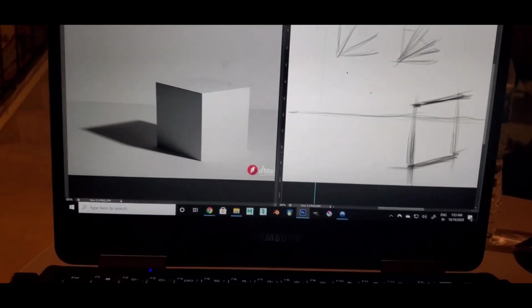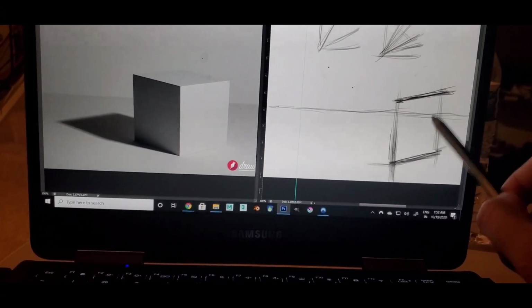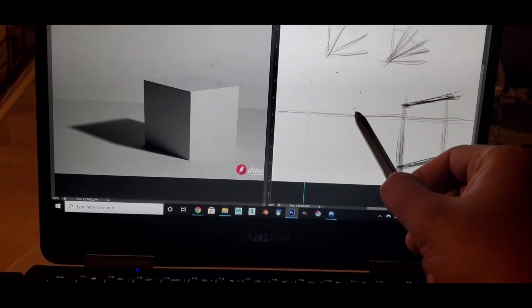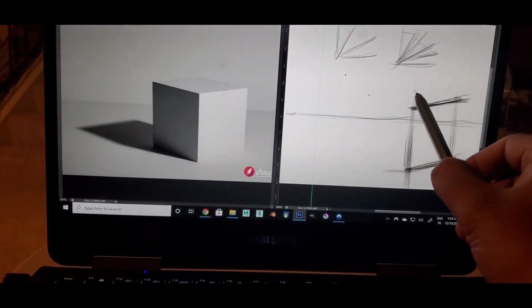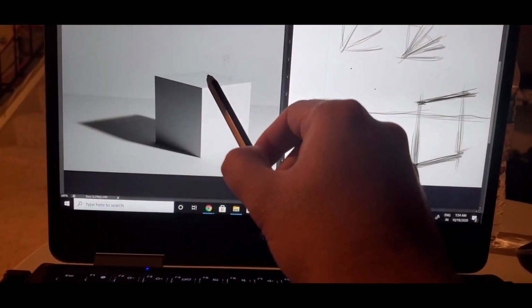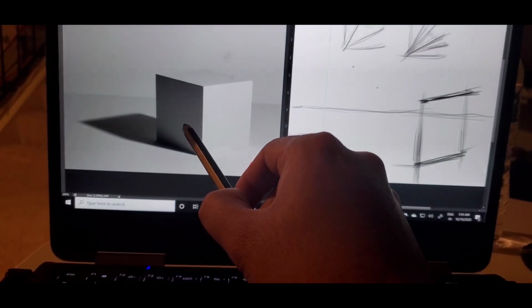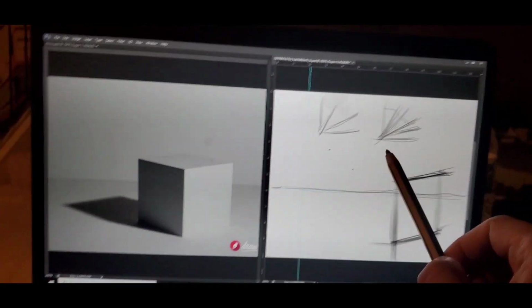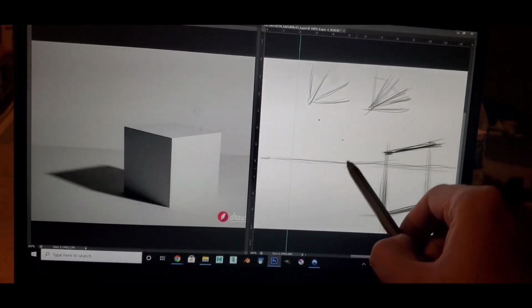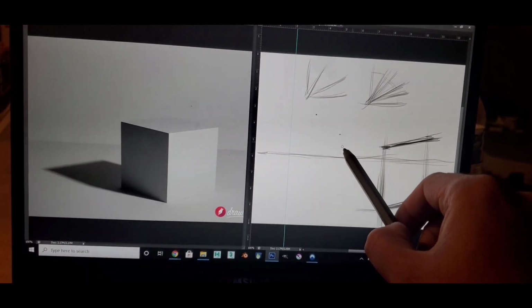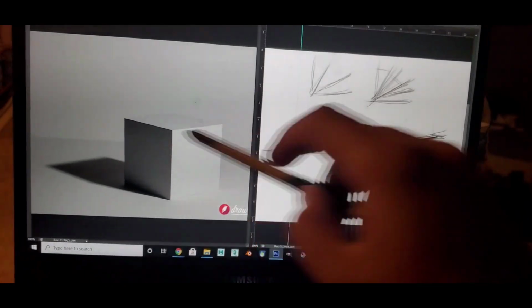Okay, now once I have done this plane, I have to go and see which other plane is easy. Is the top plane easier, or is this plane easier? So what I'll do is, roughly with my naked eye, what I can analyze, I feel this edge is somewhere over here.